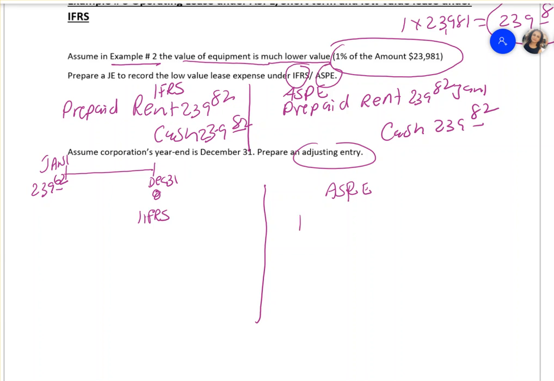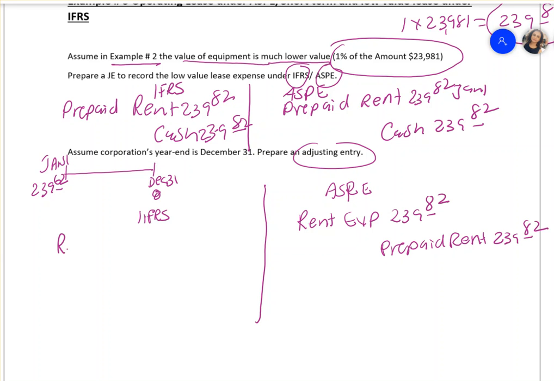Under ASPE, we will be charging it to expense, and we'll be taking it out of the prepaid rent account. These are adjusting entries which you learned in your ACCT 2001 course, and in your first accounting course. You have to take it out of the prepaid, because we used that asset, so it's 239.82.